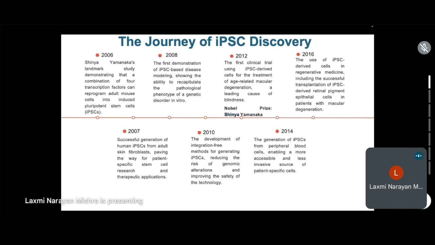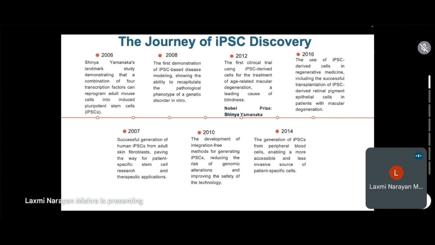In 2008, it was first demonstrated that iPSC-based disease modeling can be done, showing the ability to recapitulate the pathological phenotype of a genetic disorder in vitro. And in 2010, there was development of an integration-free method.